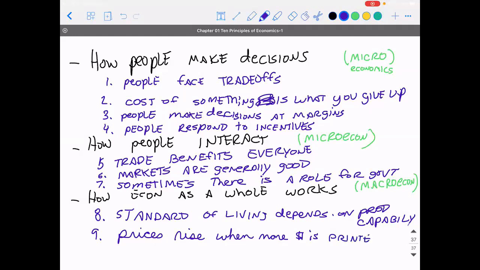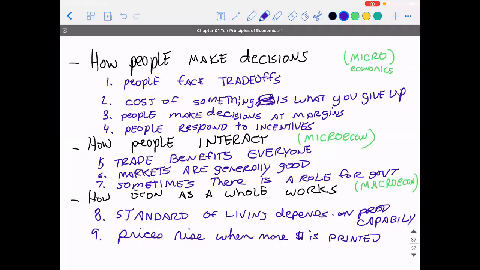These are all things that we're going to be talking about more in this chapter, but also throughout the entire semester. I'm giving you a roadmap here to what we're doing in this chapter, if only because this isn't a murder mystery. I don't want you to be guessing at how this is all organized. This chapter is going to deal with each of these three questions: how people make decisions, how people interact, how the economy as a whole works.